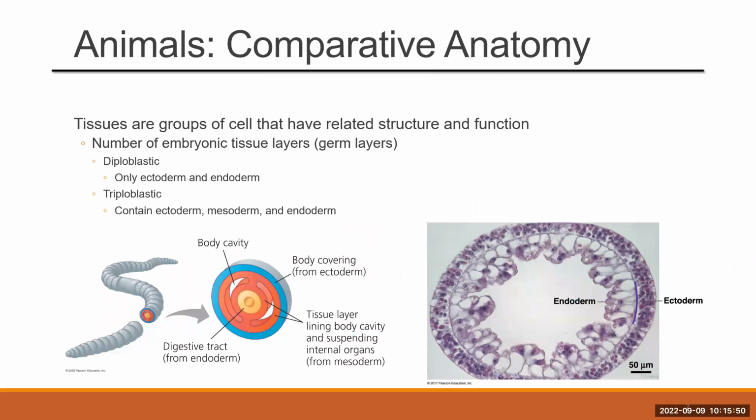One of the other key things to note about the tissues here is that mesoderm is where our organs come from. So the things that are diploblastic, that don't have mesoderm, don't have organs.